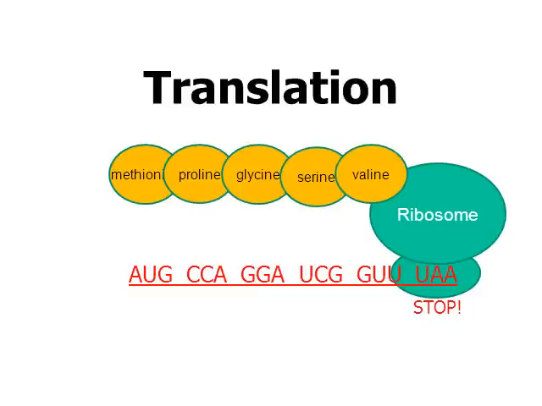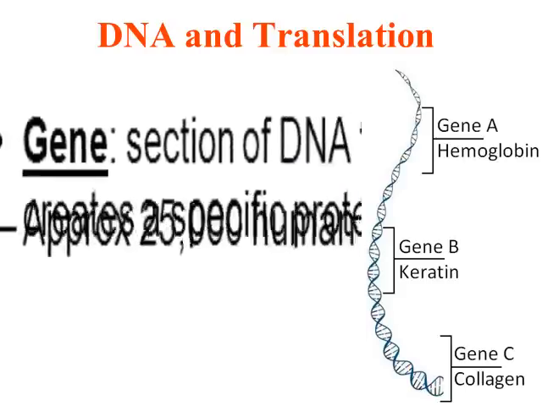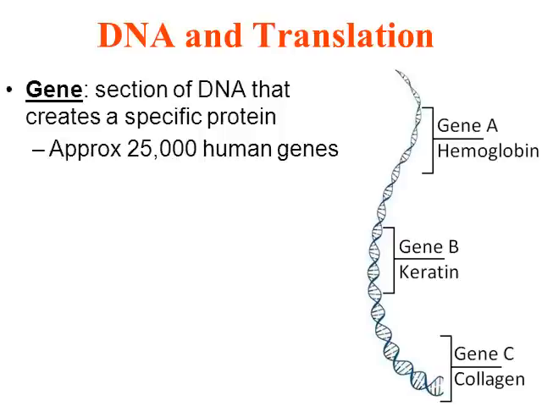Well, of course, I kind of just showed you a lot of the process before explaining anything. So let's go ahead and jump into this. So, DNA and translation. If you recall the definition of a gene, it's a small piece of a DNA molecule that will code for the creation of a protein. In the picture, for instance, we have three genes.